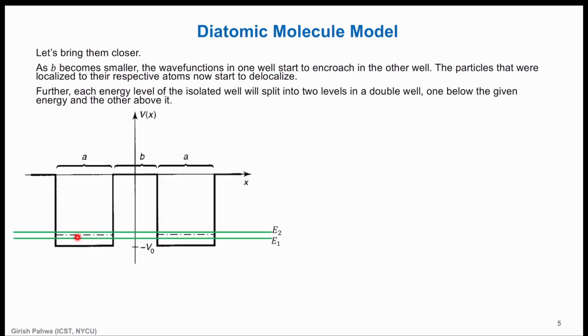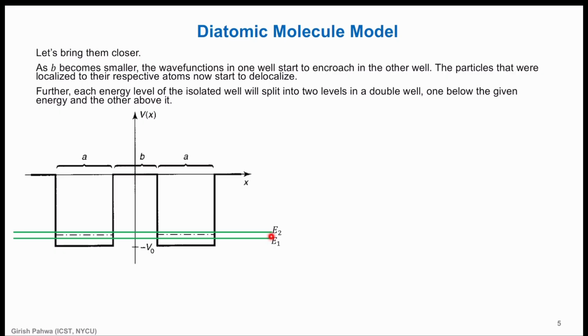Say this was the ground state, this was the ground state. When you bring these atoms together, there will be some small splitting. So one level will go up, other will go down. These single identical ground states will split into two energies, E1 and E2, which will be some distance apart. There will be some splitting because of the coupling.